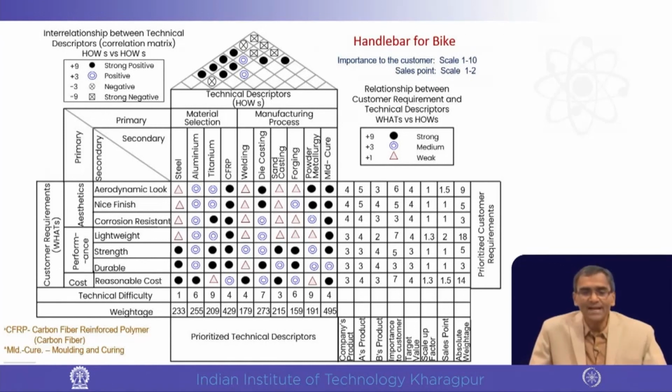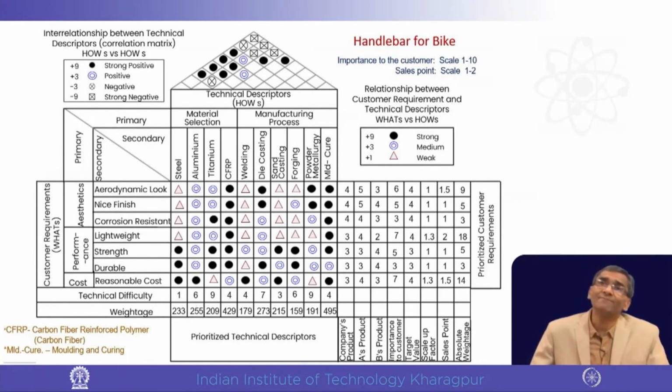Here one thing I would like to tell you, that on top, what you see here is the technical how versus how house, that is, technical descriptors are compared among themselves, like which goes with what, and that gives the feasibility. For example, the CFRP or the carbon fiber reinforced polymer goes with the mold curing or molding curing process.